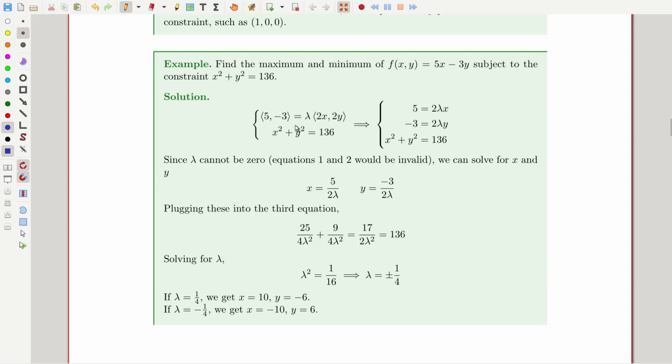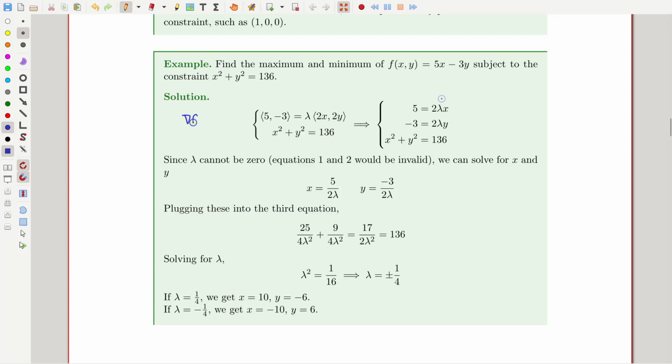Next example. So we've got the function f equals 5x minus 3y, and we are constraining ourselves to this circle. Okay, so yes, again, we take the gradient.